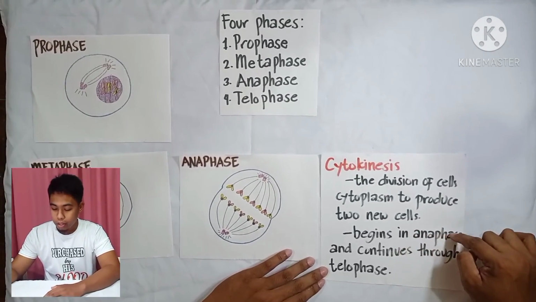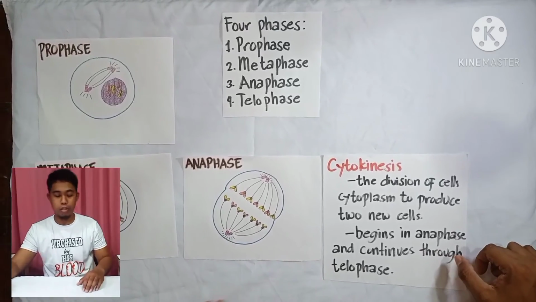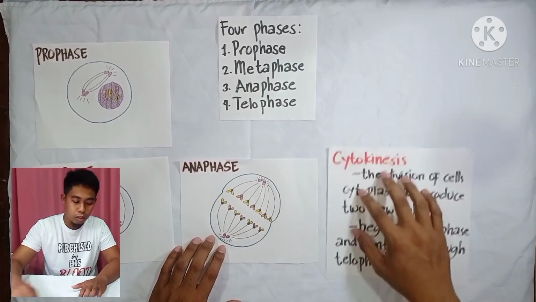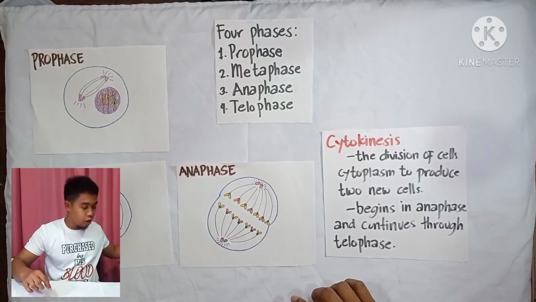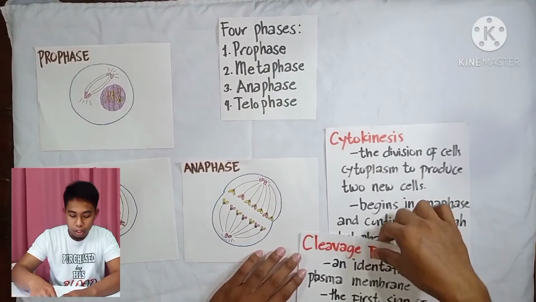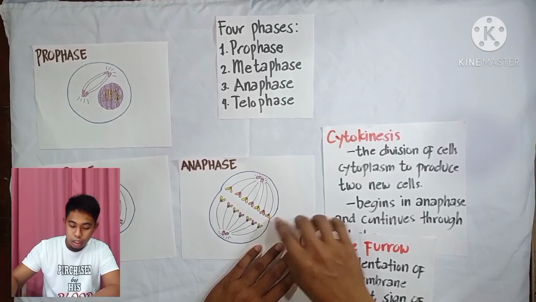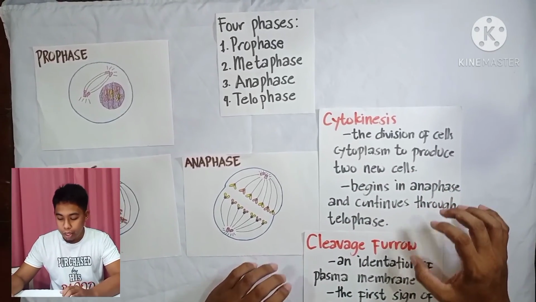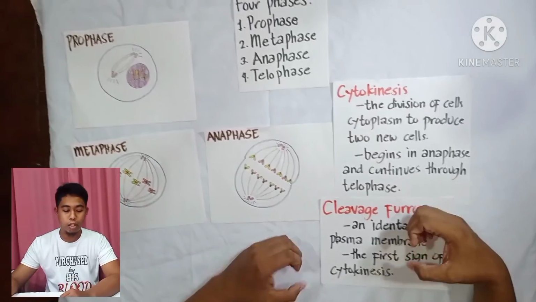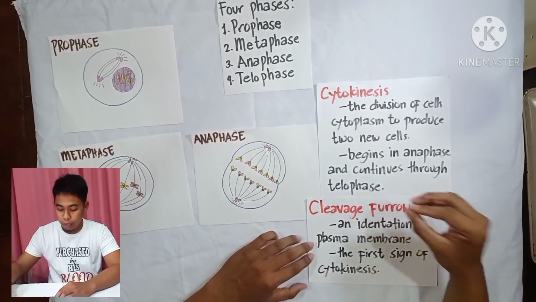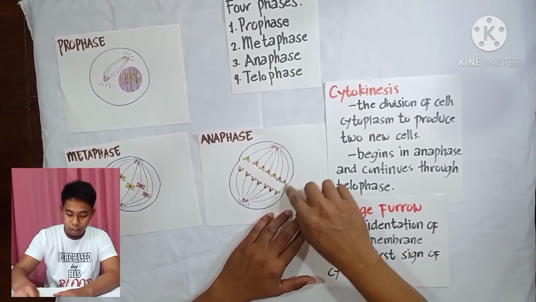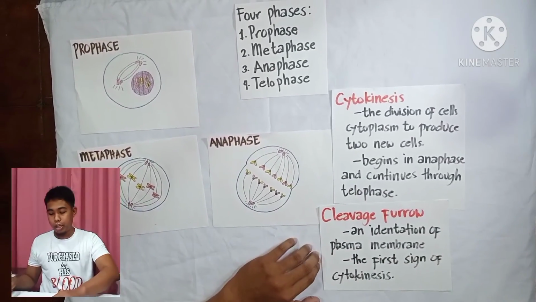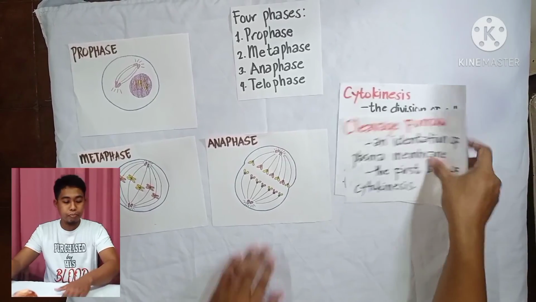It begins in anaphase and continues through telophase. This is what we call the cleavage furrow. The cleavage furrow is the first sign of cytokinesis, where the process of dividing the cytoplasm is starting.